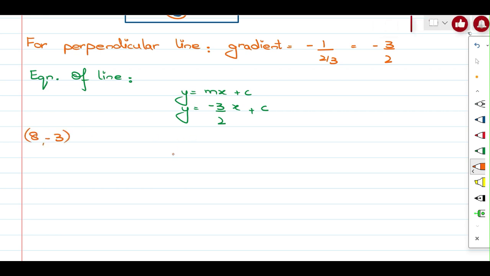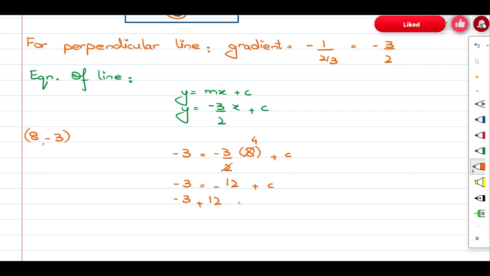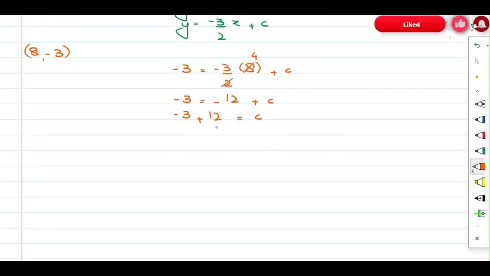So x value is 8, y value is negative 3: negative 3 equals minus 3 by 2 times 8, plus c. 2 times 4 is 8, so negative 3 equals negative 3 times 4, which is 12, plus c. Negative 3, shift the 12 to the other side, positive 12, this is your c. From 12 take away 3 is 9. 9 is the c value.